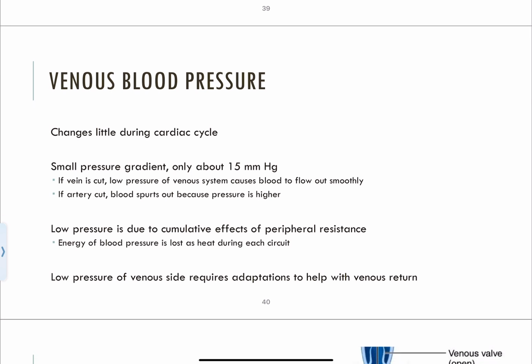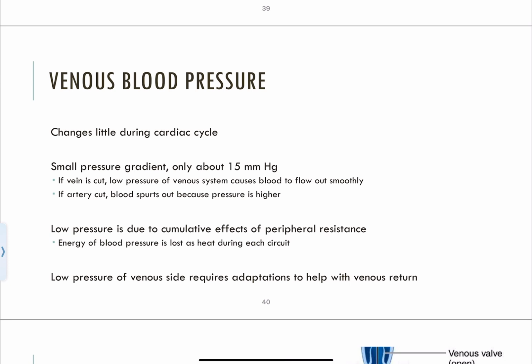Venous blood pressure doesn't really change a lot during the cardiac cycle. It's pretty steady because, again, it's so far away from the heart at this point that when the ventricles contract and relax, it's no longer affecting the pressure that far away. So small pressure gradient, only about 15 millimeters of mercury. One way to tell, if you were to ever injure yourself, whether you cut a vein or an artery, is looking at the amount of blood that's coming out.